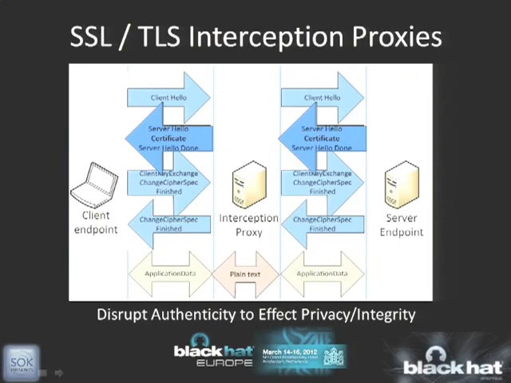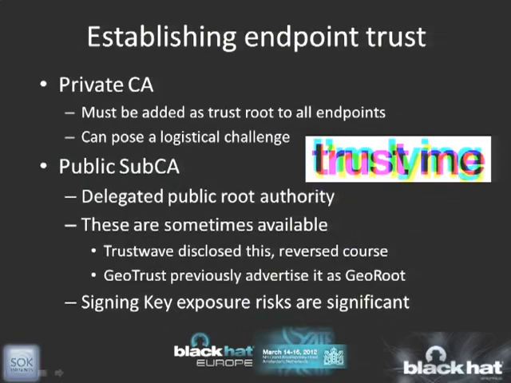So when we think about how the client is going to validate these, it becomes clear that the client needs to somehow trust the certificate authority that the proxy is using. There's two major means of accomplishing that. The first is to use a private certificate authority and distribute that certificate authority as a trust root to all of the endpoints under the scope of that interception proxy.